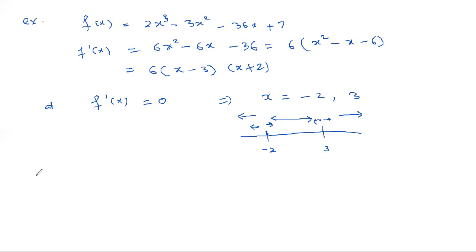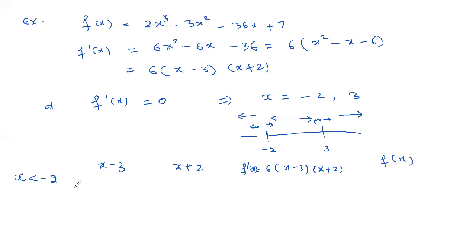So let's test its behavior when x is less than minus 2. We can test the derivative's behavior by the behavior of its factors, 6 times (x minus 3) and (x plus 2), which is the derivative of f, and according to that we may know the behavior of the function.